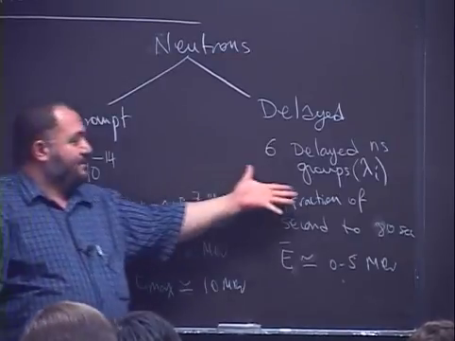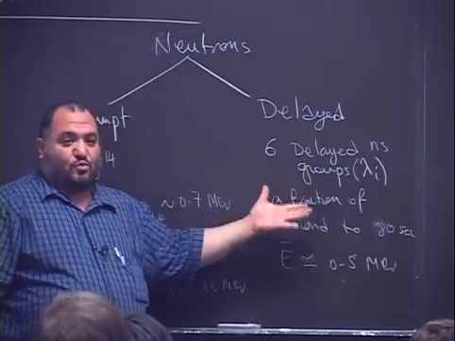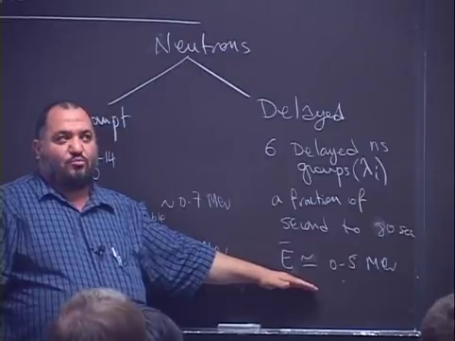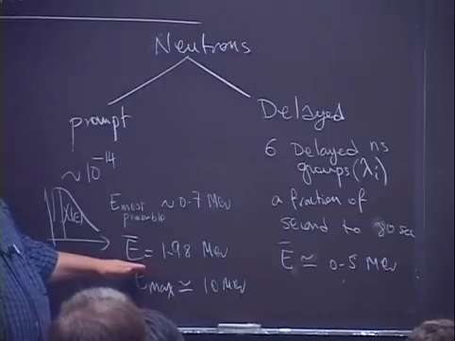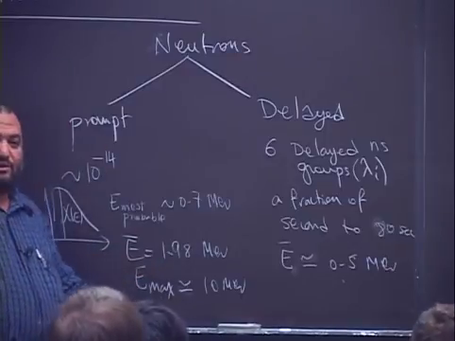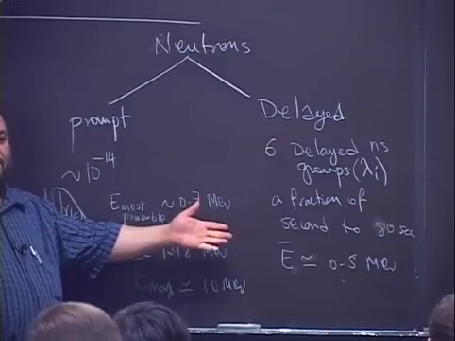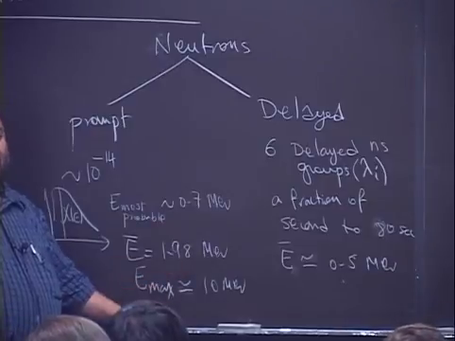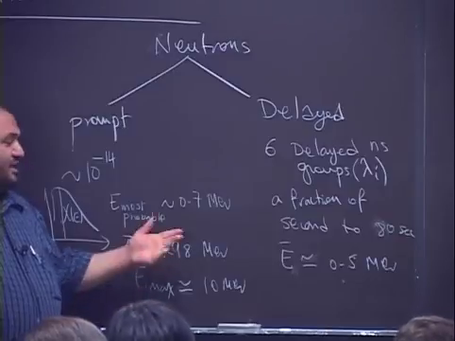So you expect that the delayed neutrons will have more likelihood or less likelihood than the fast or prompt neutrons to escape from the system? Which one? Less. Why? Because they will take less time to moderate to the thermal energy, so they will spend less time in the reactor moderating, so they will have less chance to escape from the system.